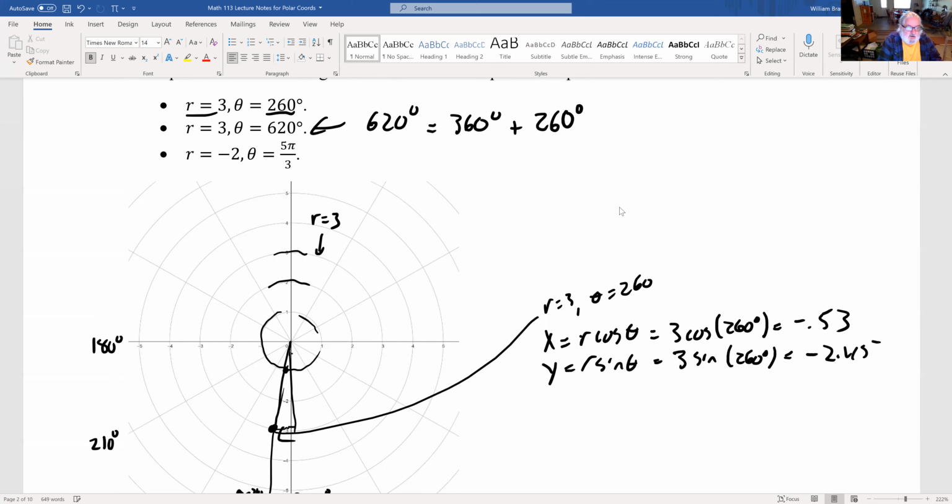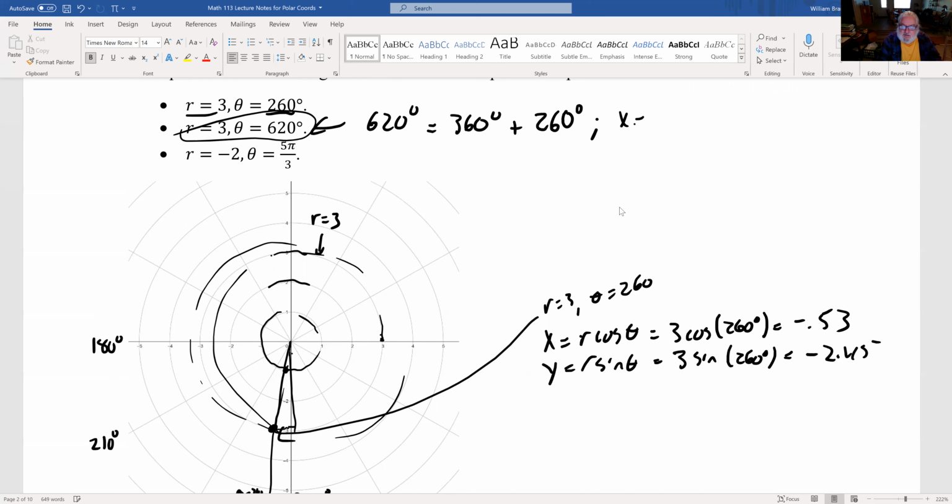So r equals 3, theta equals 620 means start at r equals 3, go around once, and then go around another 260 degrees, so you end up back at the same point that we did before. So here x is minus 0.53, y equals minus 2.45.